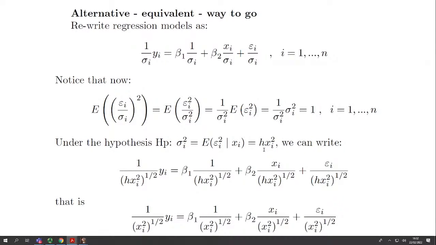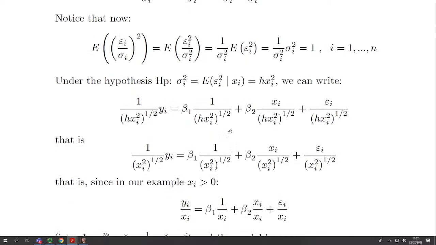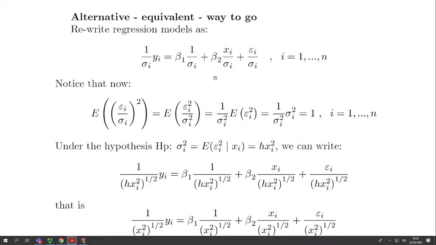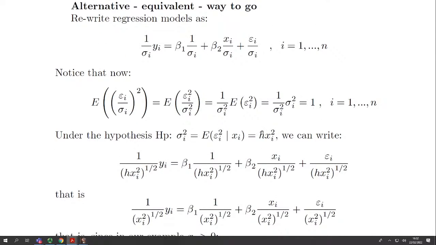Under this assumption, of course, what I've done was simply to replace this standard deviation with what my model implies for the standard deviation. And the important thing is that my model implies that the variance depends on observable variables, on observations. Otherwise, I can't do anything.